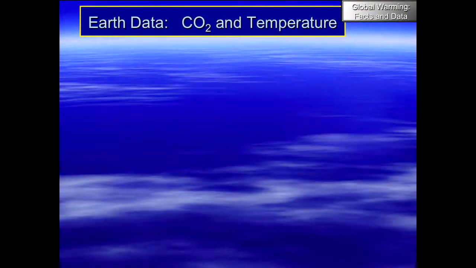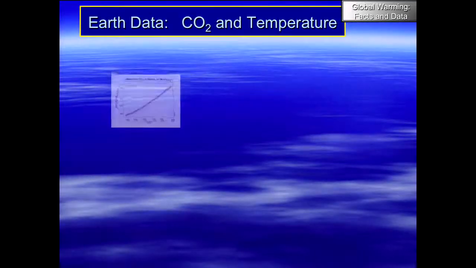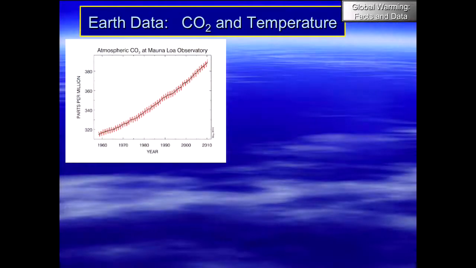Now, let's summarize all of this because it's just data. You've got your carbon dioxide going up inexorably with time. Whenever you breathe in air, you're breathing in 30% more carbon dioxide than your parents did when they were your age.